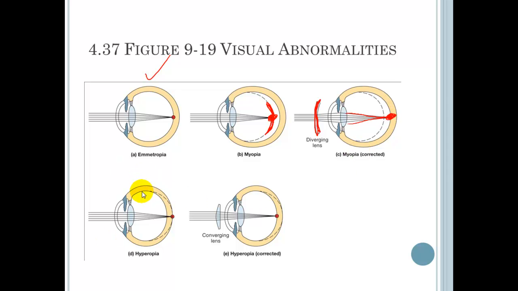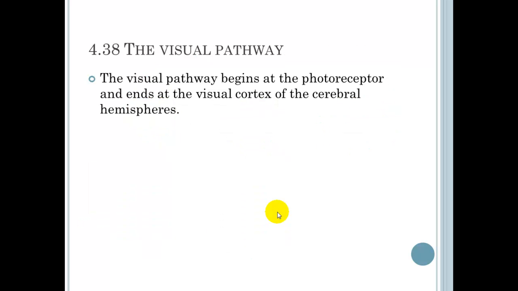Same way with hyperopia, which is farsightedness. Your eyeballs are set up to look at long distances, but when you have things at close intervals, it's at the wrong distance. Again, a corrective lens refocuses the image at the appropriate location.